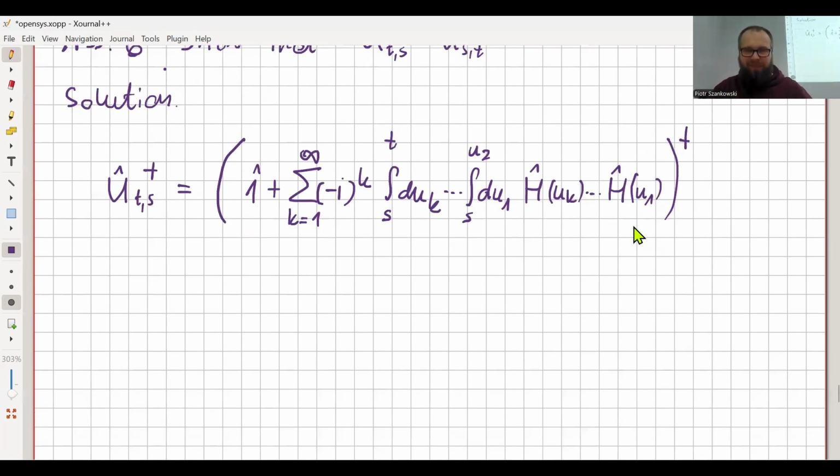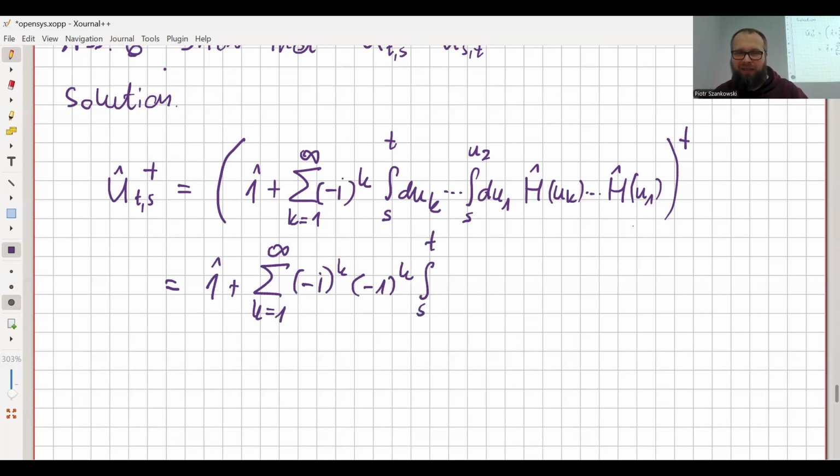Okay, but for operators right now at least. So still the sum, right? Because taking a dagger is linear, with (-1)^k from the complex conjugate. The integrals, they don't care, right?